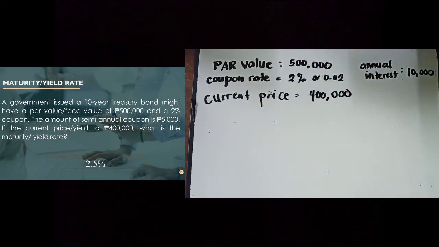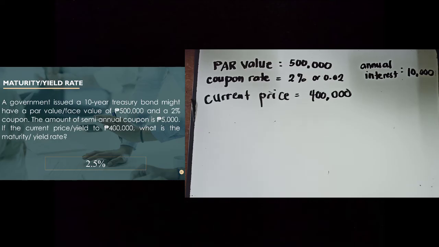Okay. So, ngayon, ang hinahanap natin is yung yield rate. So, sabi ko kanina, kapag bumababa ang price, tumataas ang coupon rate. Okay? So, again, ang hahanapin natin ngayon is yung yield rate or yung coupon rate.